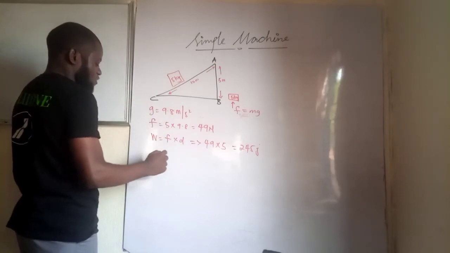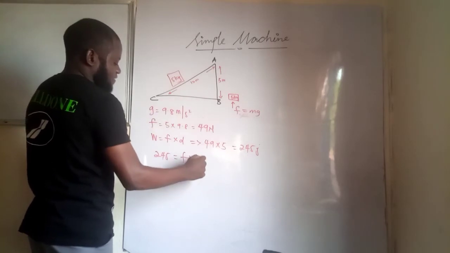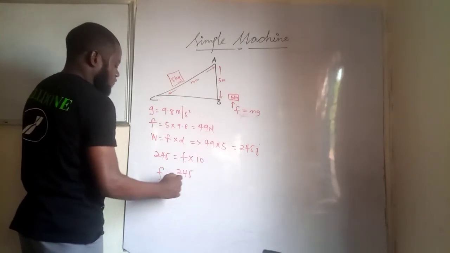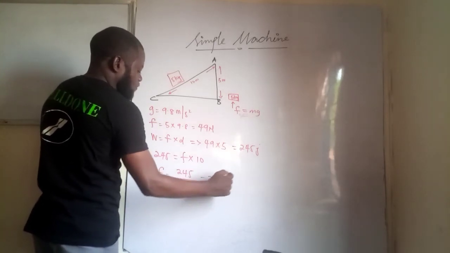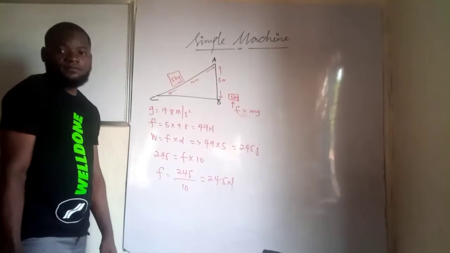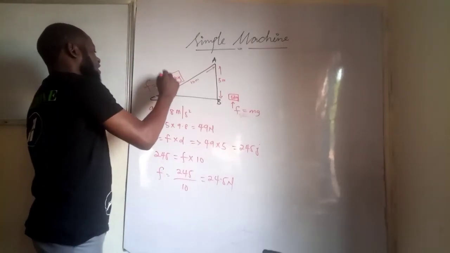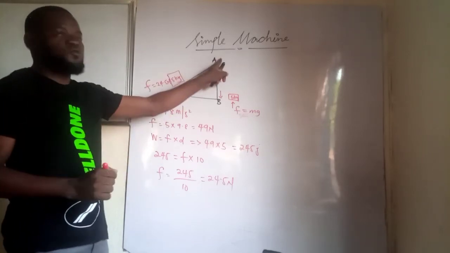So, the work done, 245, equals F multiplied by 10. Therefore, F equals 245 divided by 10, and this is going to give us 24.5 Newton. So, it means that a force of 24.5 Newton is what will take this body from C to A.